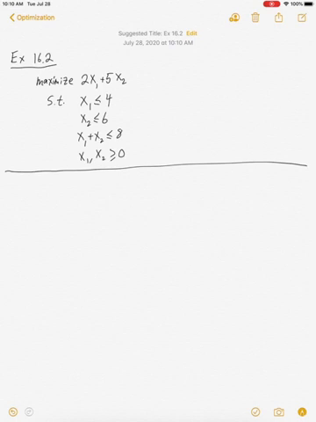So the first thing to keep in mind is that if you want to use the simplex method, your linear program has to be in standard form. There are versions of the simplex method that work when your linear program is not in standard form, but for us, it's just easier to put it in standard form first.